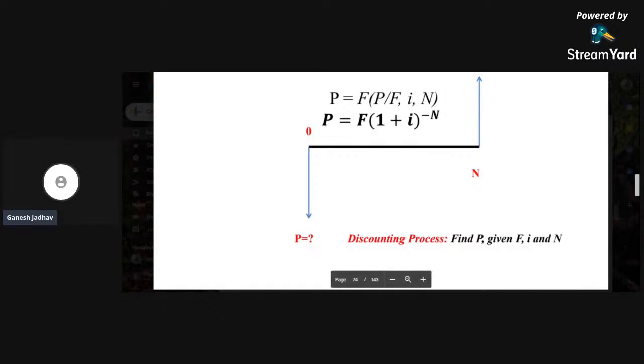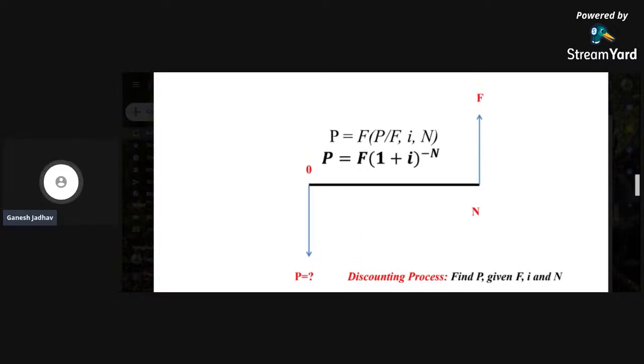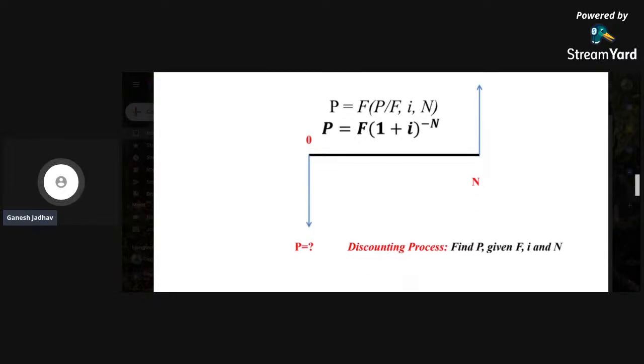You want to find out the discounting process when you know the actual future value. So this is also a decremental process.